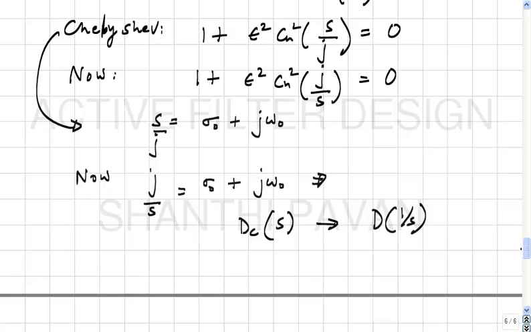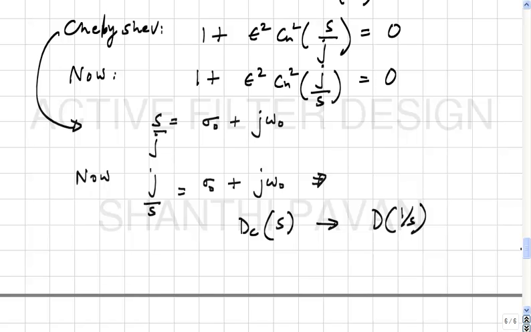If earlier S was a root, now 1 by S is a root. So that doesn't mean they lie on an ellipse. Symmetry about the real and imaginary axis only means there is a mirror of these guys, okay? But that's not what I'm asking.